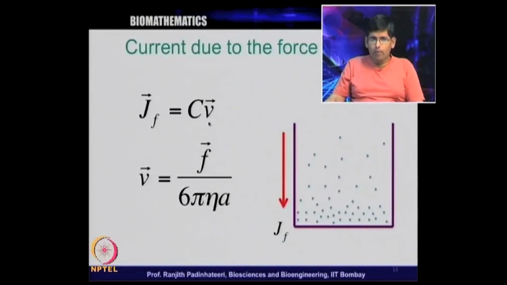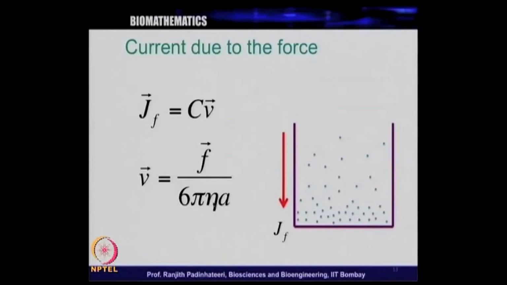Now any particle moving in water will have a velocity which is given by F by 6 pi eta a, where F is the force acting on that particle, pi is a constant, eta is the viscosity of the water or the medium, and a is the size of the particle.